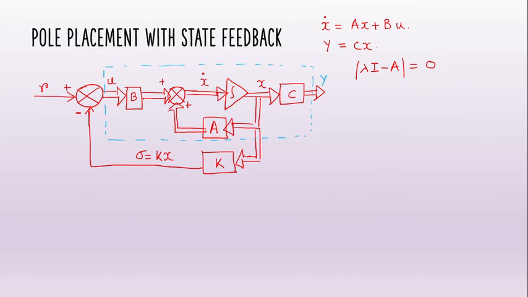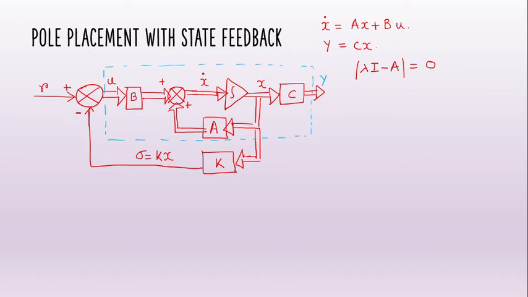Now if you want to change the pole positions, what you are doing is taking the same system, only adding an element, a matrix K. It's some constant value, and its dimension depends upon the system matrix dimension. Okay, so you will put it in this way.